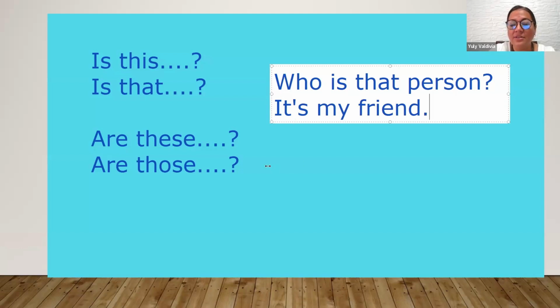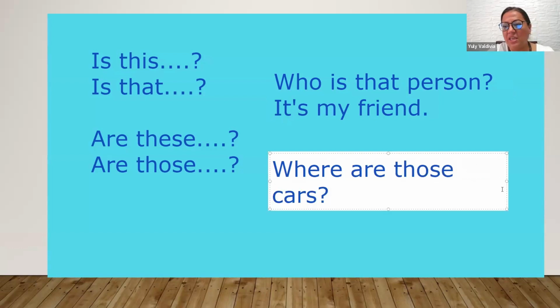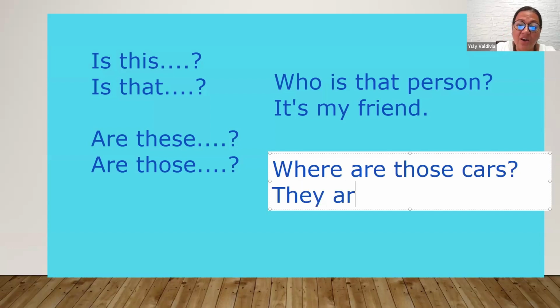Where? ¿Dónde están esos autos? Where are those cars? And my answer will be, listen, we can say they are at the parking lot. Oh, they are at home, we can say, to make it shorter. They are at home. So that will be the question form, guys.